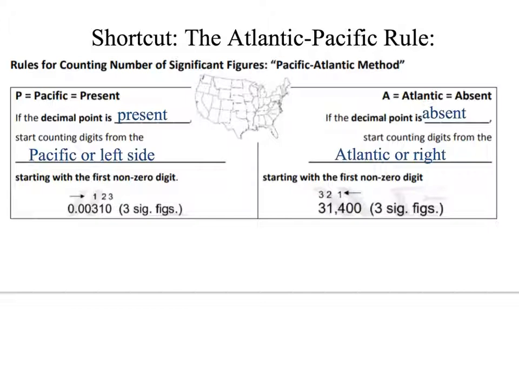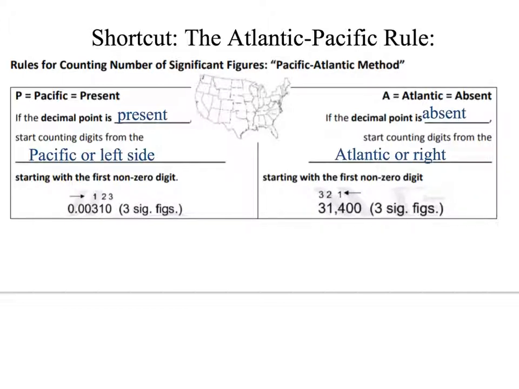The last 2 significant digit rules can be really difficult to remember and apply. So there is a shortcut. The shortcut is called the Atlantic-Pacific rule, and it uses alliteration as your guide to determine which zeros are significant in a number. So you can see here that if a decimal point is present in a number, like in this value, you're going to start on the Pacific Ocean side of the number, or the left side, and you will swim through all zeros.